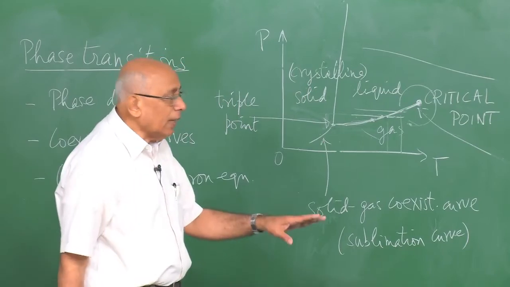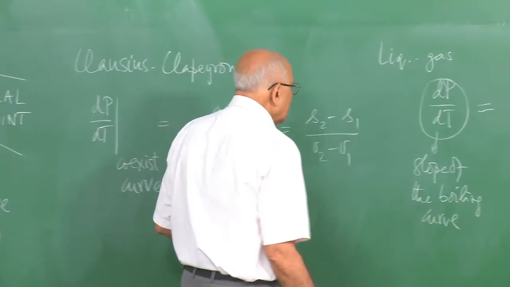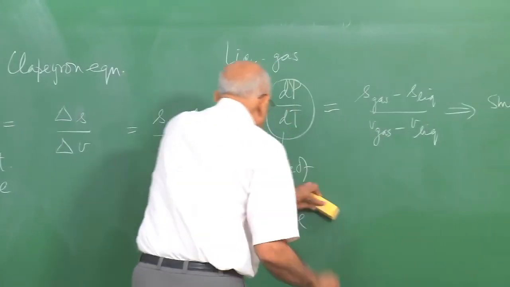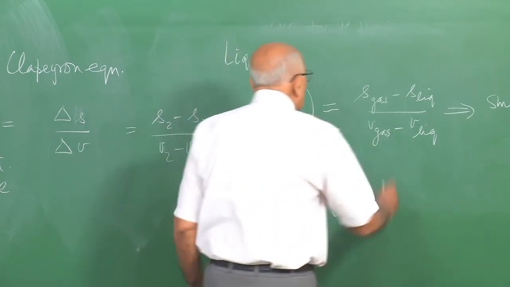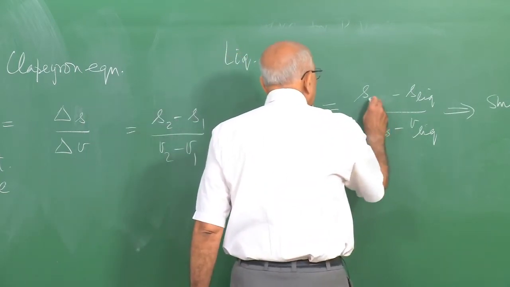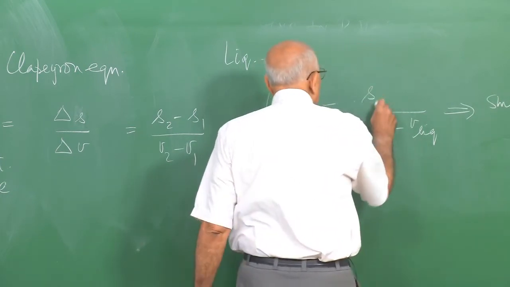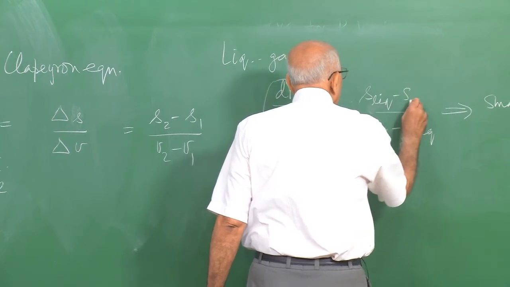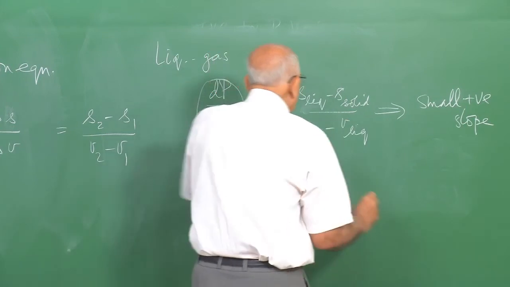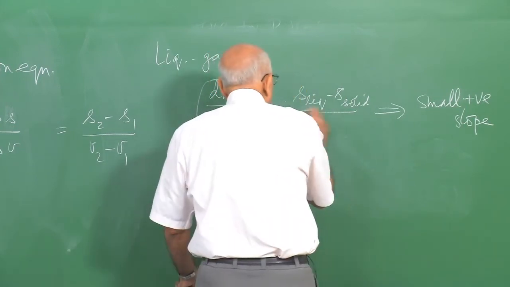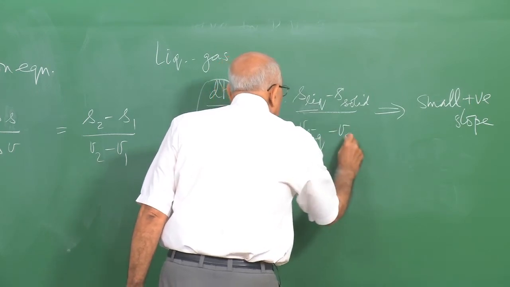If you applied the same thing to the liquid, crystalline solid transition point, the slope of the melting curve, then this would be S liquid minus S solid divided by V liquid minus V solid.